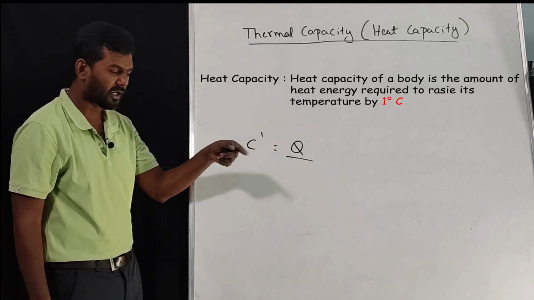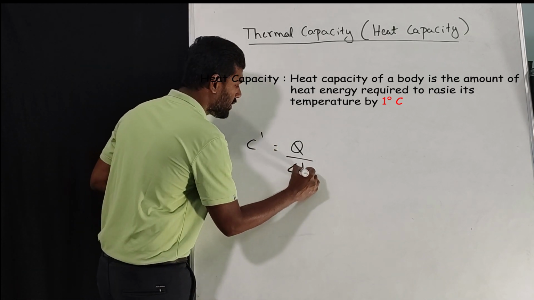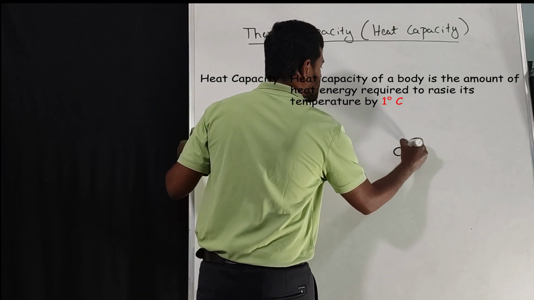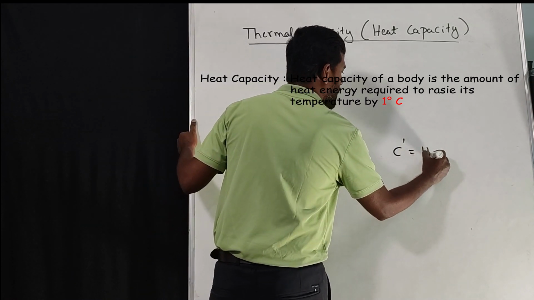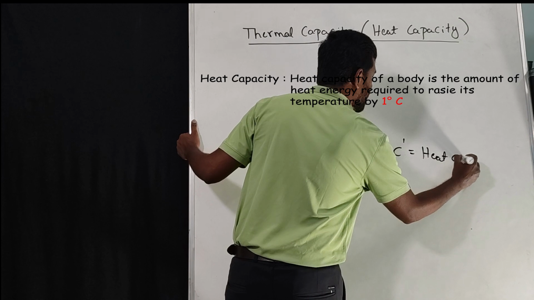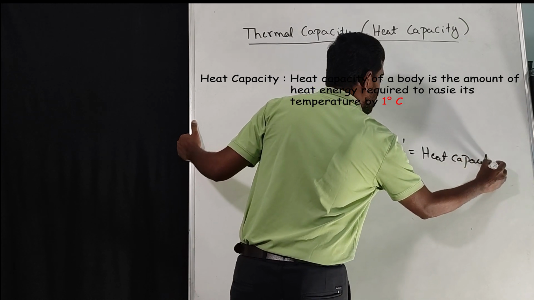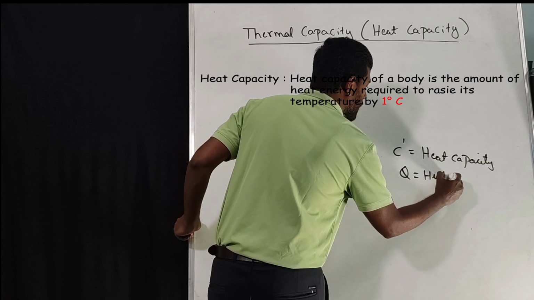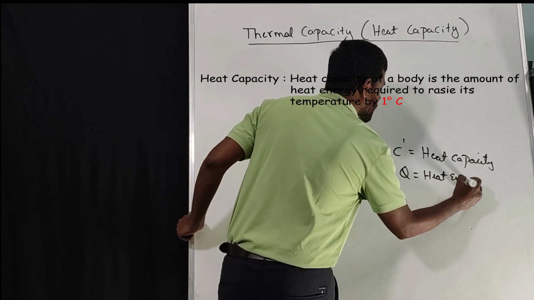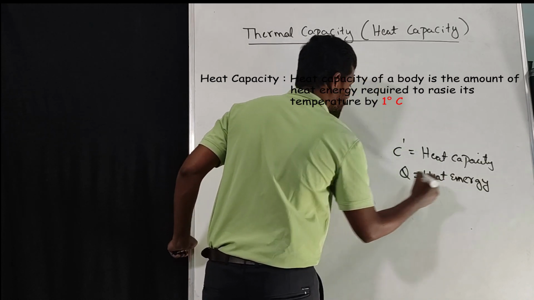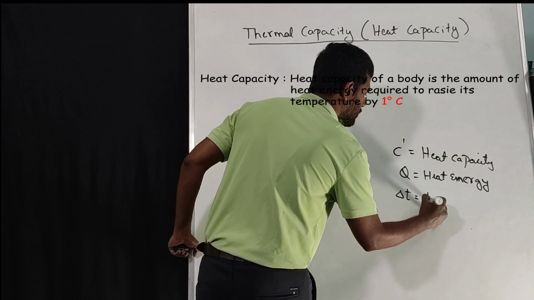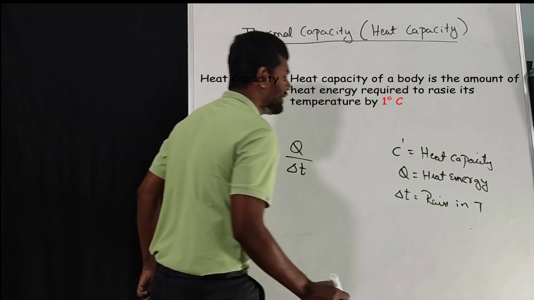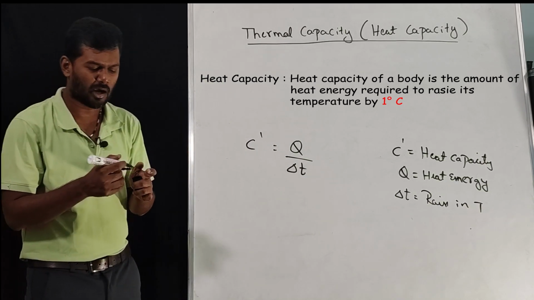Q is the symbol for heat energy, required to raise the temperature by 1 degree Celsius. So here C dash is equal to heat capacity, Q is equal to heat energy, delta T is equal to rise in temperature.